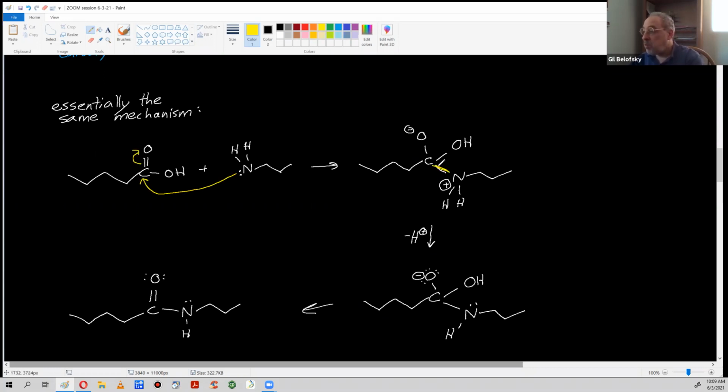There's the new bond that formed, the negative charge on oxygen, the deprotonation, all the same as what we saw above. Loss of hydrogen, one of these hydrogens. Notice the charges change, but then we have the exact same electrons come down to reform the carbonyl group, kick off the OH as a leaving group, the exact same leaving group as what we saw above, and there we have our amide product.